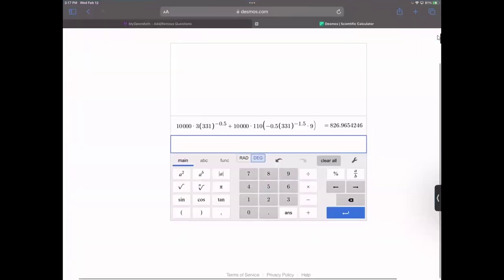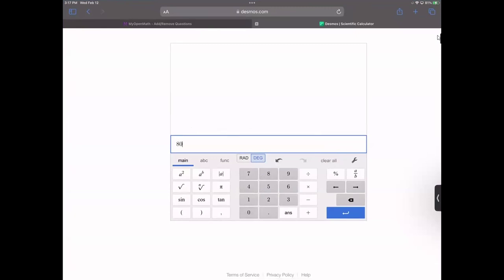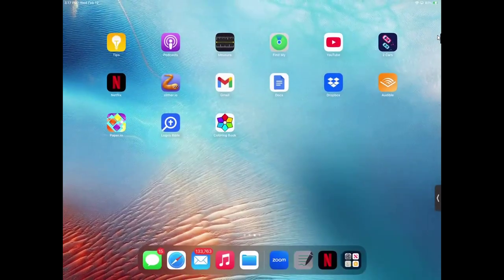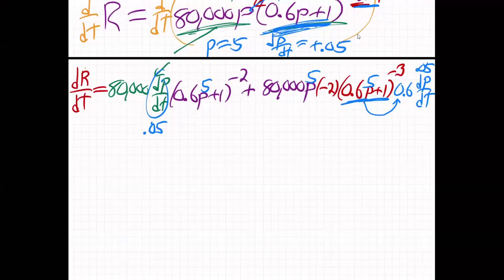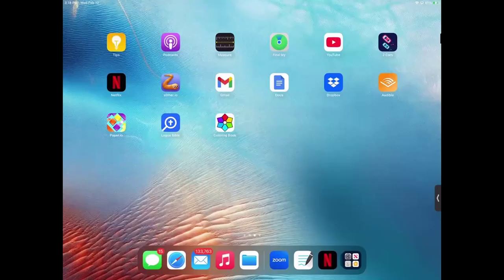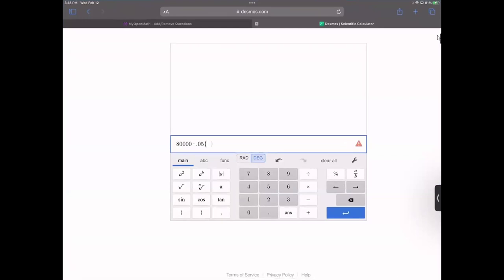To Desmos we go. 80,000 times 0.05. Be careful, make sure you get all the zeros. And now I need this part: (0.6 times 5 plus 1) to the negative 2. I think that's right.